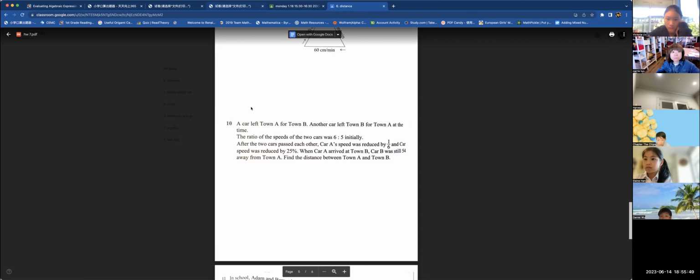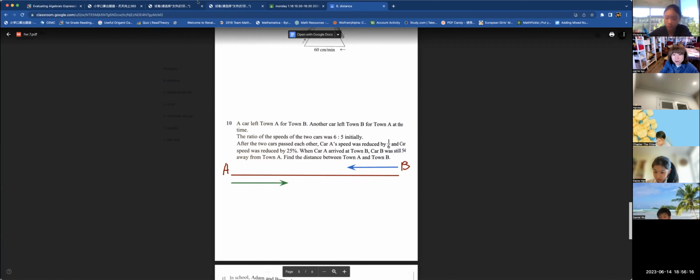Okay, so let's take a look at this one. A car leaves town A for town B. Another car leaves town B for town A. Did you draw it like I did? That's the first thing first, right? I'm going to use two different colors, a green one and a blue one. The ratio of the speeds of the two cars is 6 to 5.